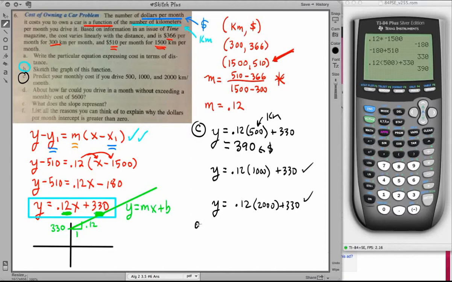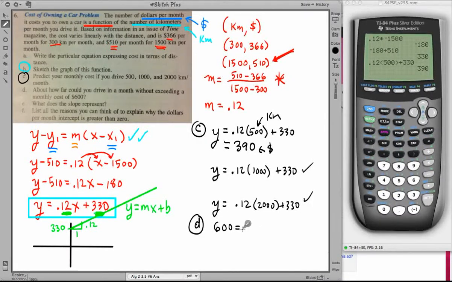Moving on to part D. Part D says how far could you drive if the monthly cost is 600. So this time we're not taking the equation in the blue box and substituting x. For part D, we know the number of dollars.